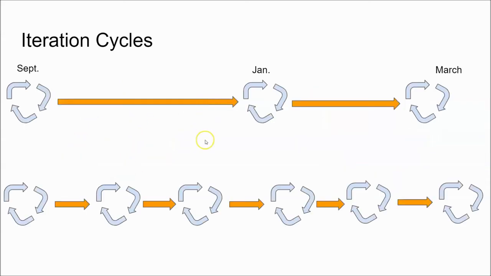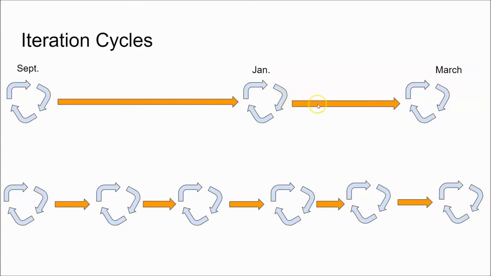Let's look at this another way. In this model, if we look at the top, in September, this teacher is on a reflection cycle, an iteration cycle, and then it takes a long time. They go all the way till January. So this arrow moment stretches out, and then in January they get on a new cycle.